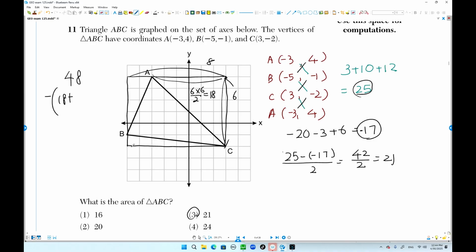This side is what? 8 times 1 divided by 2 is 4, right? And this side, 2 times 1, 2, 3, 4, 5, right? 2 times 5 divided by 2 is 5, okay? Plus 5. So 48 minus this 27, okay? When you take off this 27, you will get the 21, the same number, okay? You can use either of these methods.